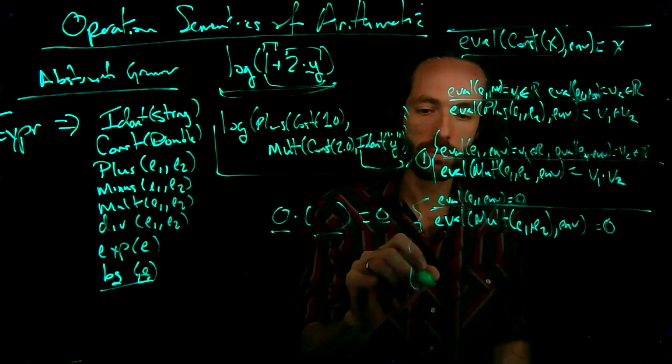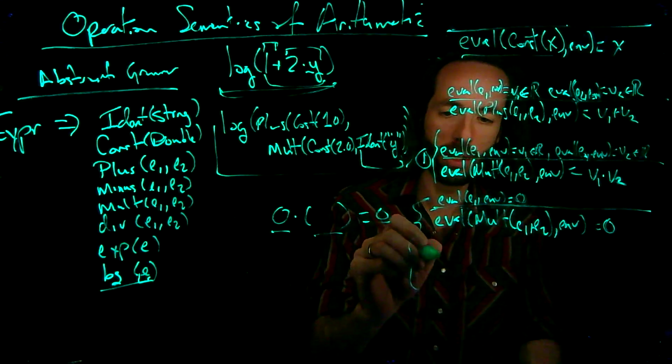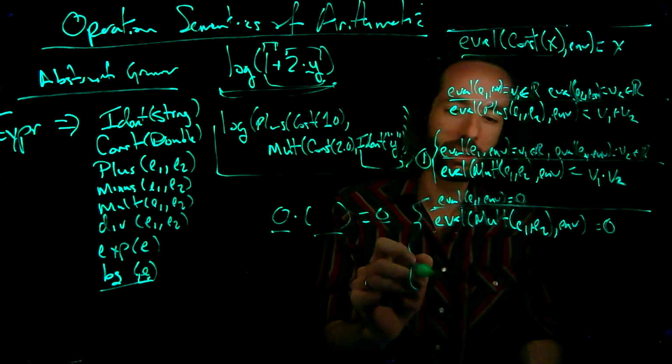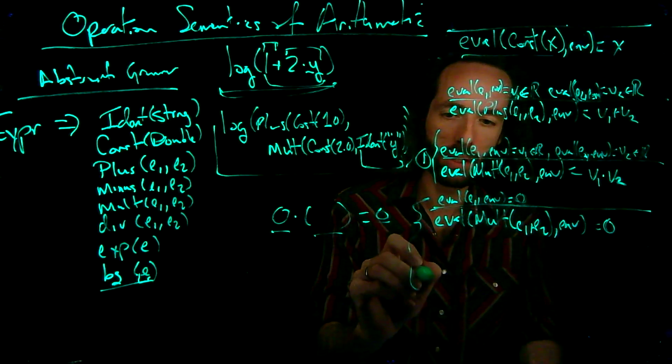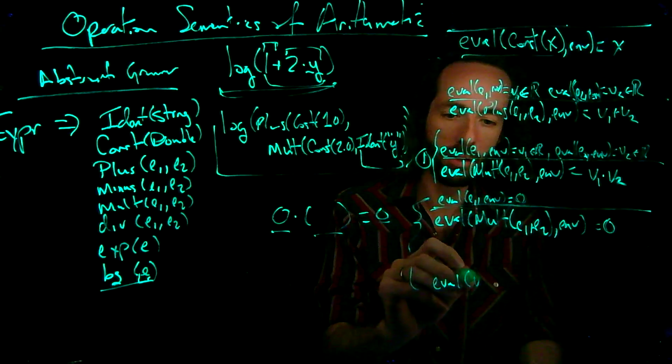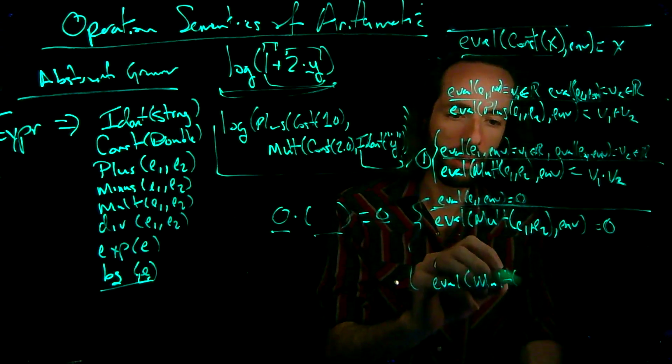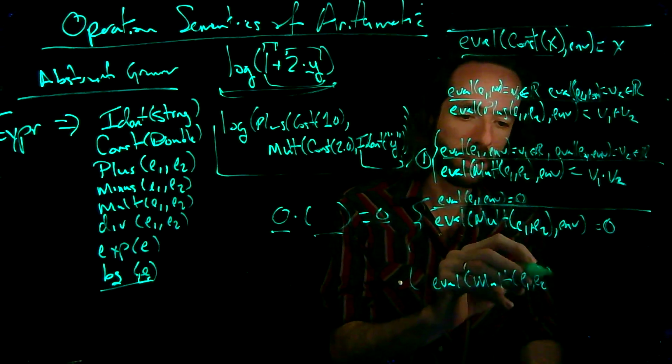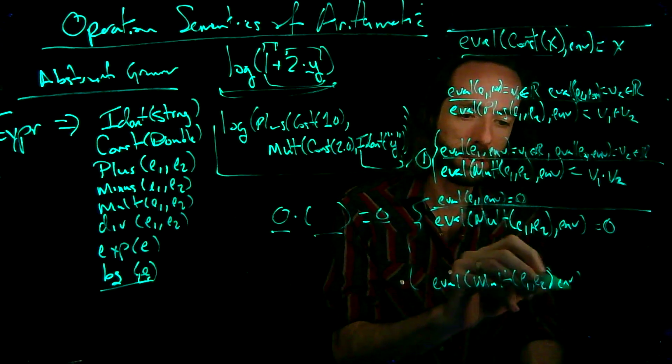Of course, this isn't all the possibilities. We also have to add, what happens if e1 is not 0? So then we also have that eval of mult of e1, e2 under the environment.